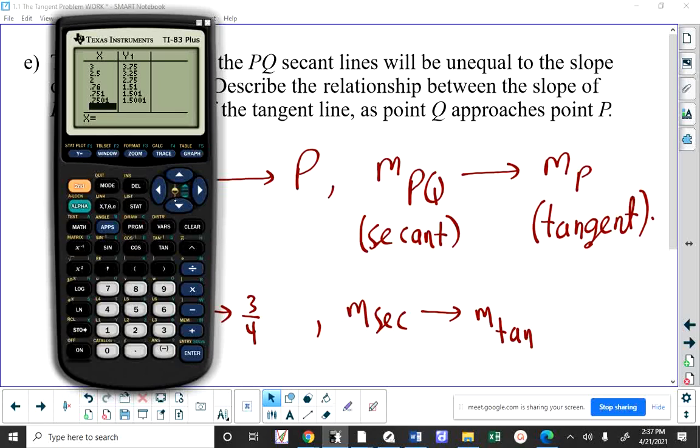Well, because I can't. Because then your slope calculation would be 0.75 squared minus 0.75 squared over 0.75 minus 0.75. You can't do it, right? I'm going to come back to that idea.